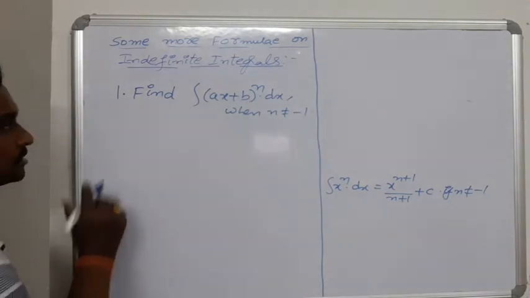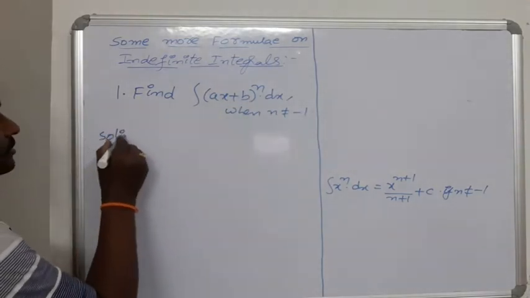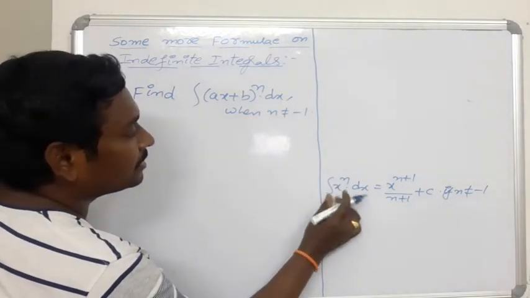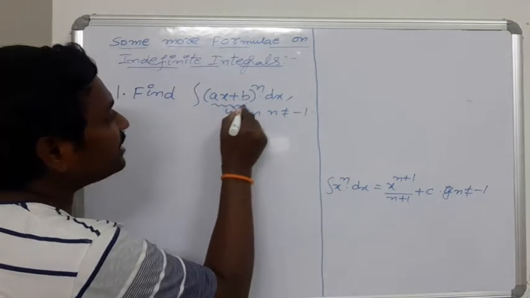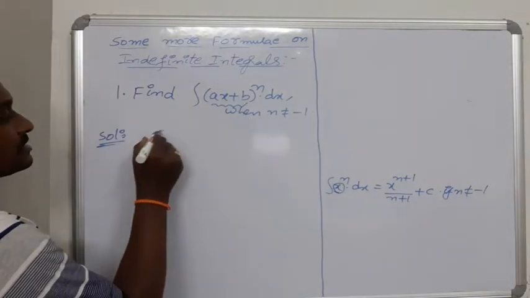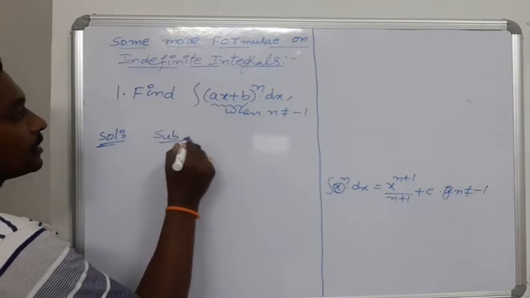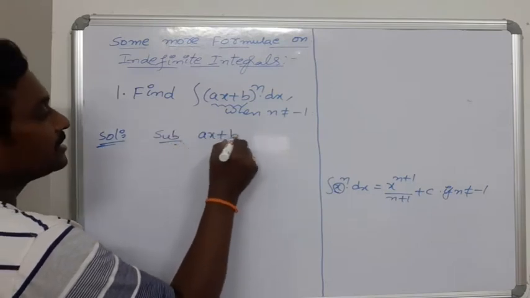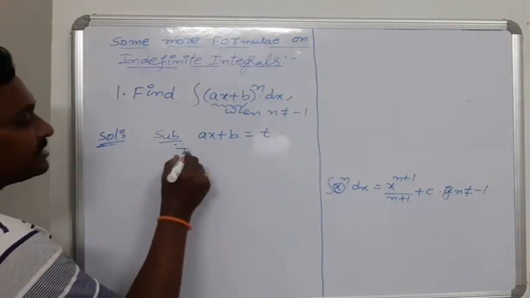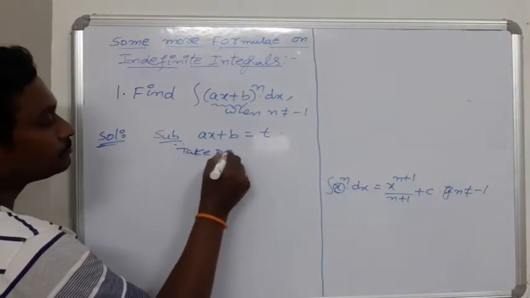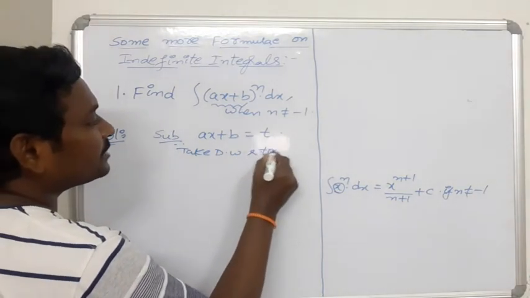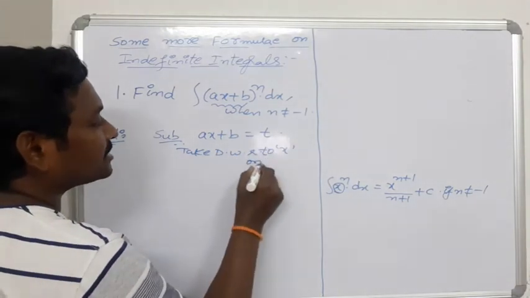So clearly, by comparing this problem with the original formula, we have ax plus b instead of x. That's why substitute ax plus b equal to t. Take the derivative with respect to x on both sides.